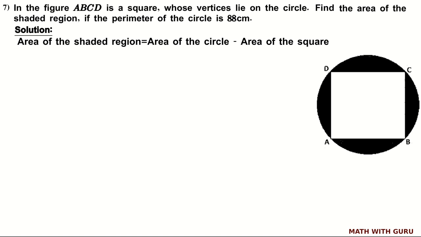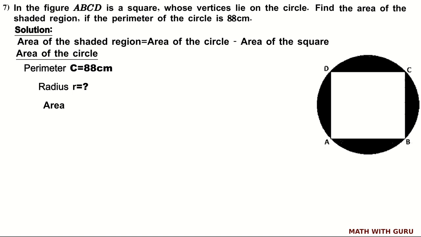Let us find area of the circle first. Here, perimeter is given. To find area, we need radius. So, using perimeter, let us find the radius first.